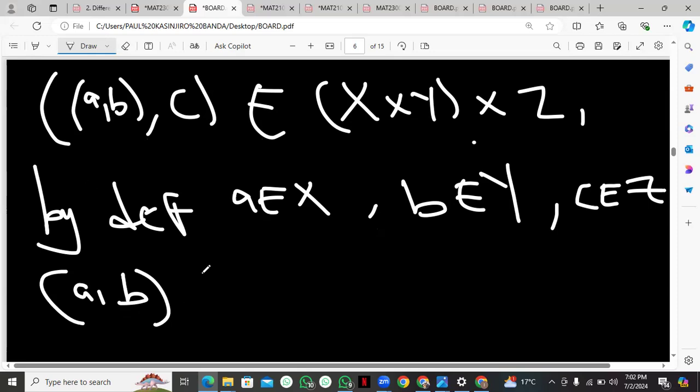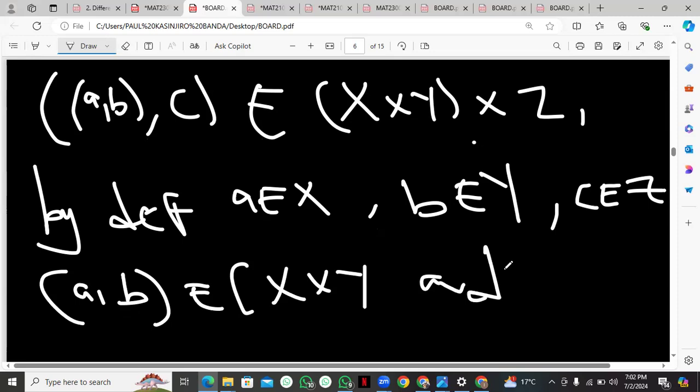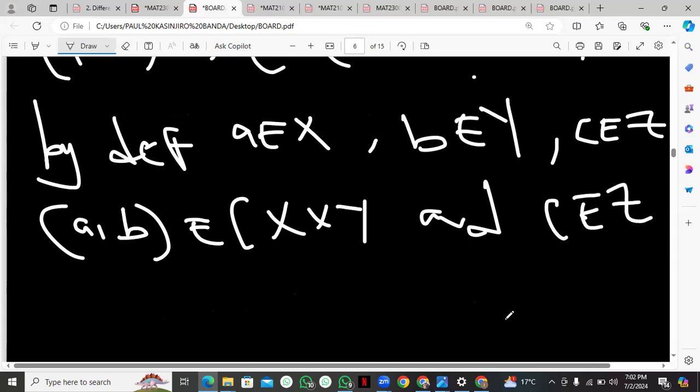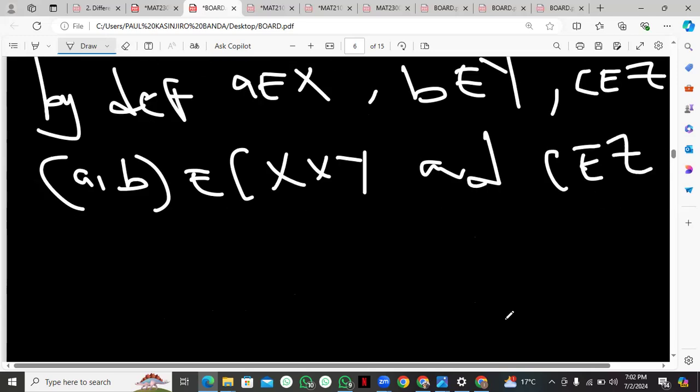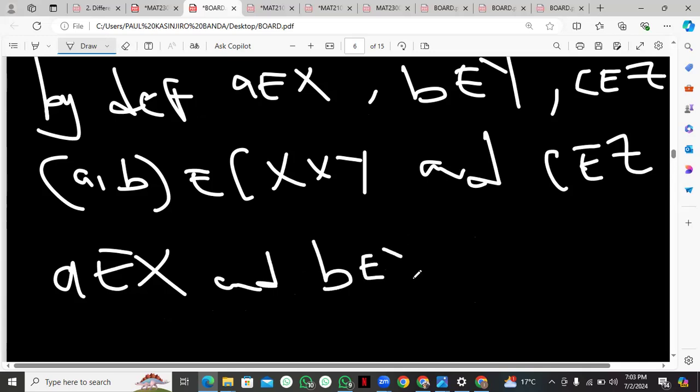So (A, B) will actually be a member of X × Y, and then you say and, because this is the Cartesian product, C is actually a member of Z. So this means this, and B is a member of Y, and then you say C is a member of Z.